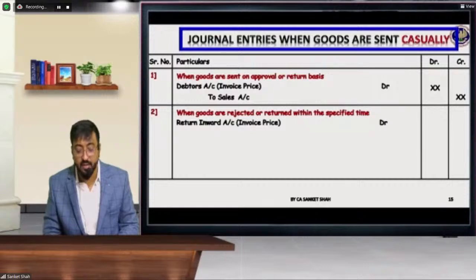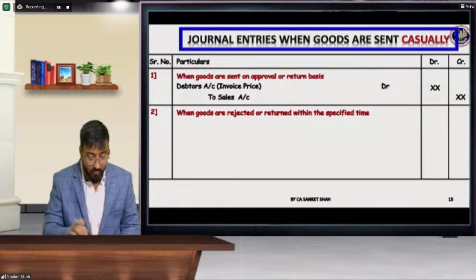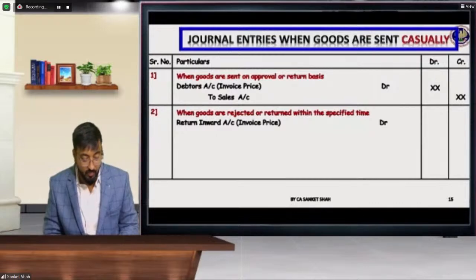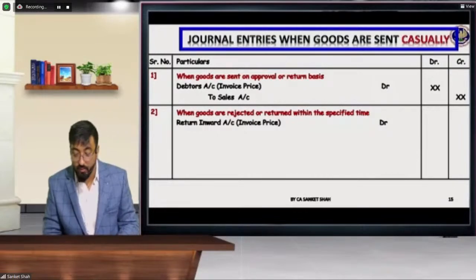When goods are rejected, see beta. Entry will be debtors account debit to sales. When goods are sent on approval or return basis, debtors account debit to sales. And when goods are rejected or returned within a specified time, return inward account debit to debtors account.